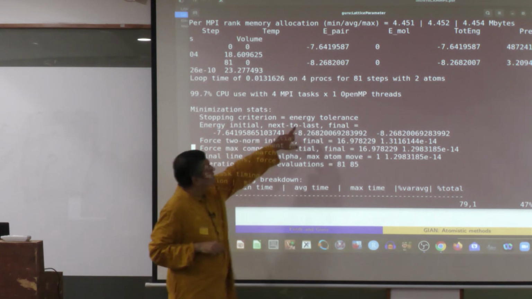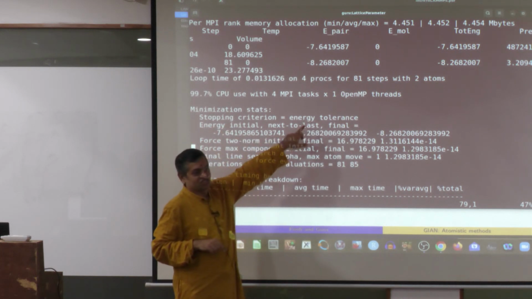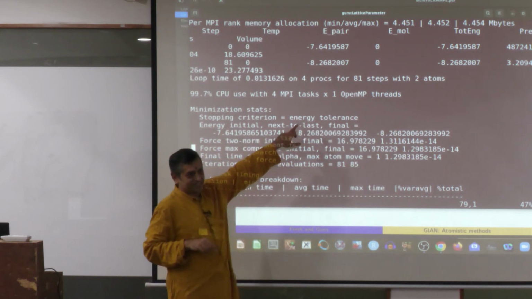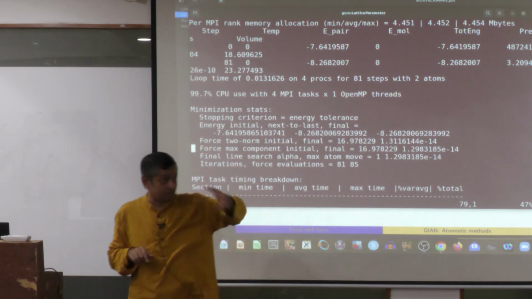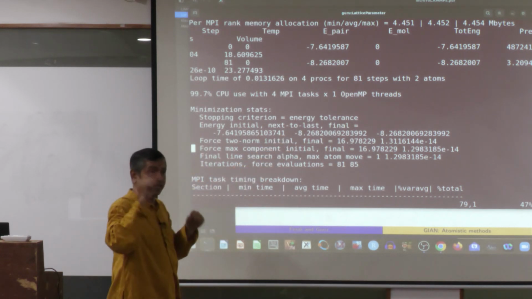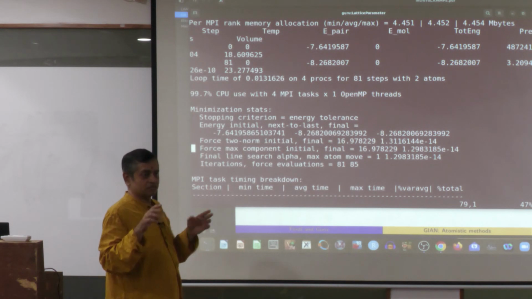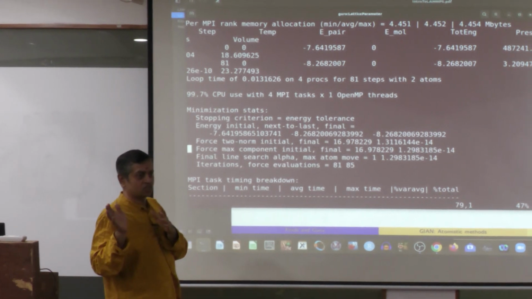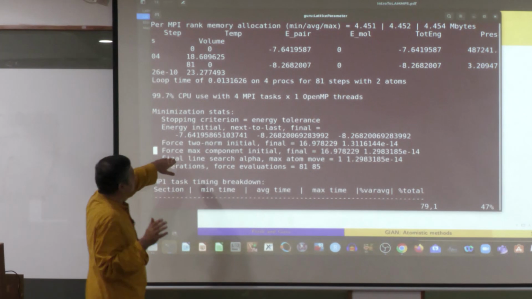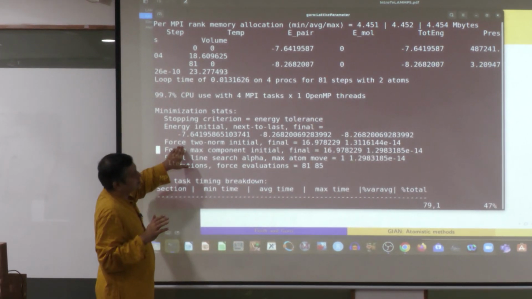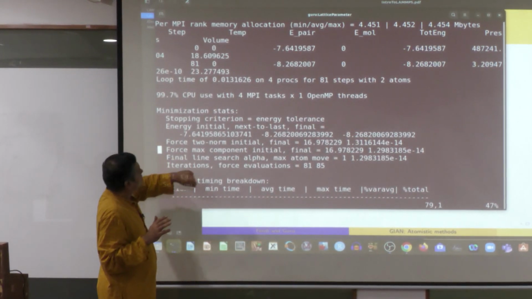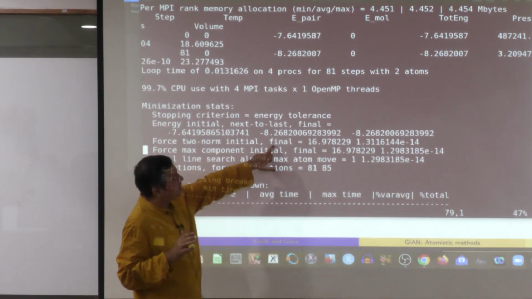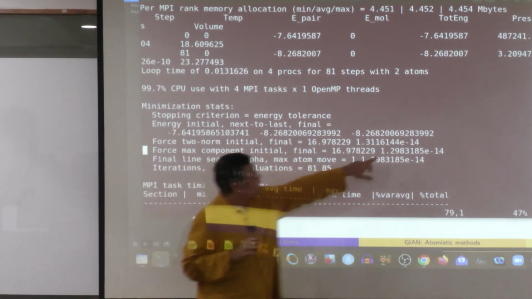Stopping criterion you can see here also is energy tolerance, right. So, if energy criterion is the reason why it stopped, then what is the force? What did it start with, what is the final force? It is 10 power minus 14.